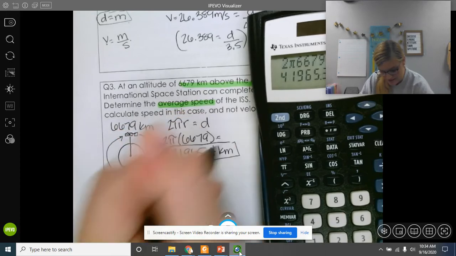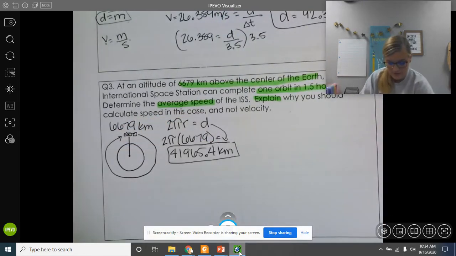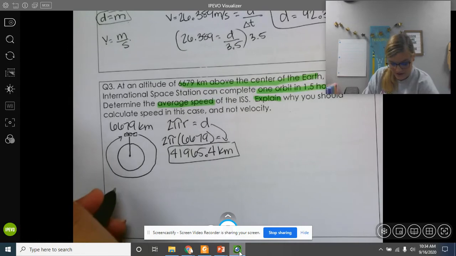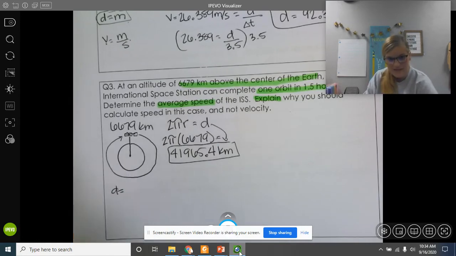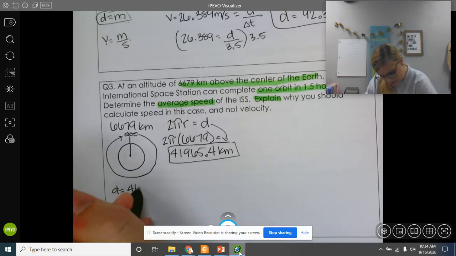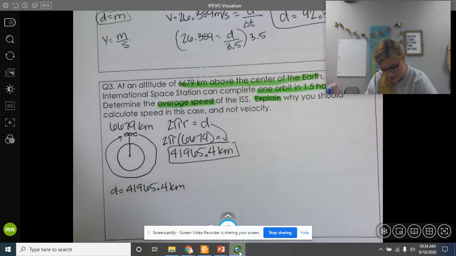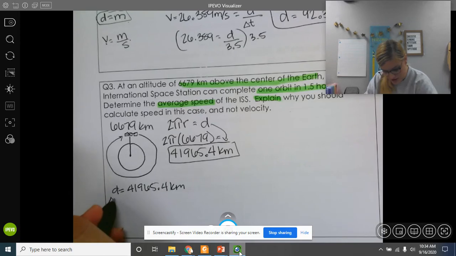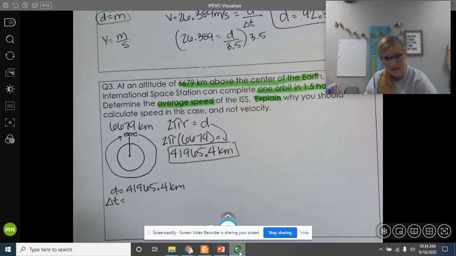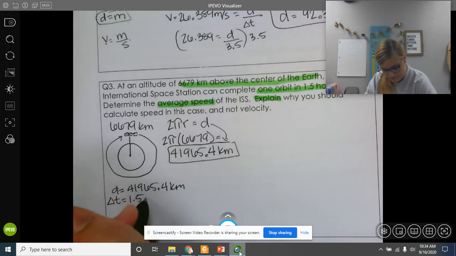So that's my distance that I can use. So now I have my distance as 41965.4. I like to rewrite things so that I kind of start the next equation fresh. My change in time for it to do one orbit was 1.5 hours.